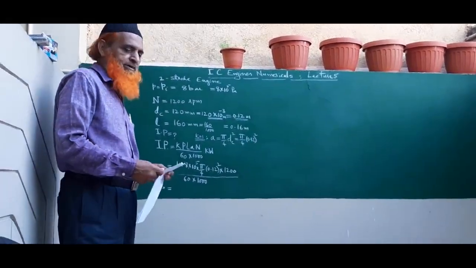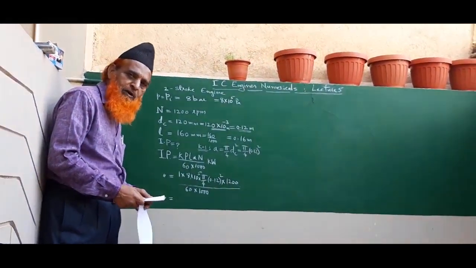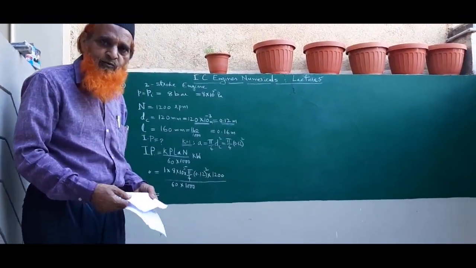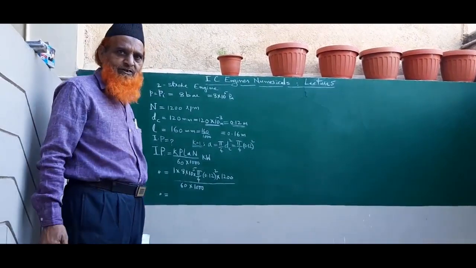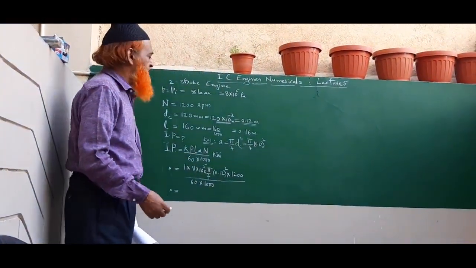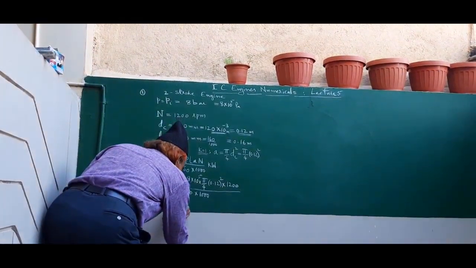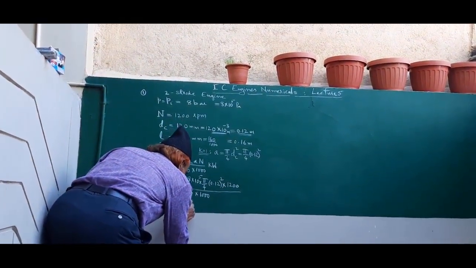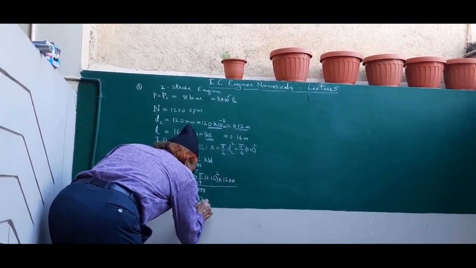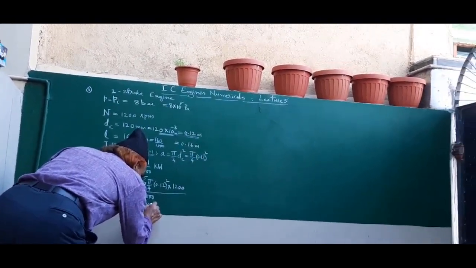How much did you get? 28 point what? 28.95. Very good. 28.95 kilowatt. This we can write: 28.95 kilowatt.